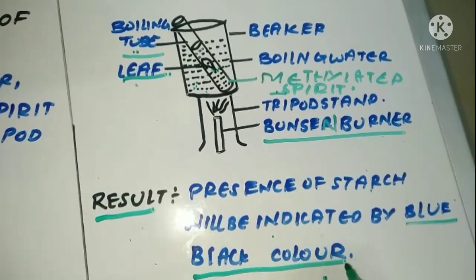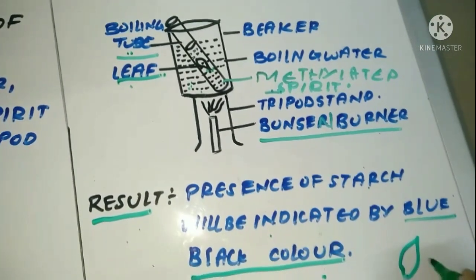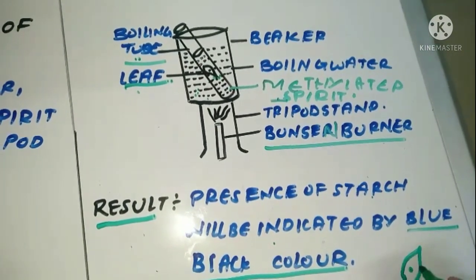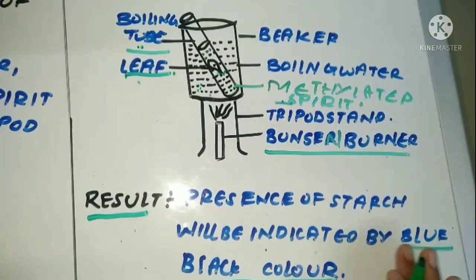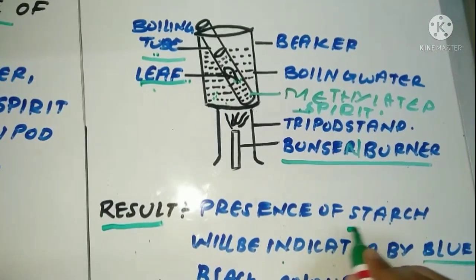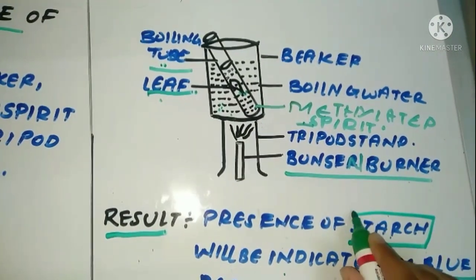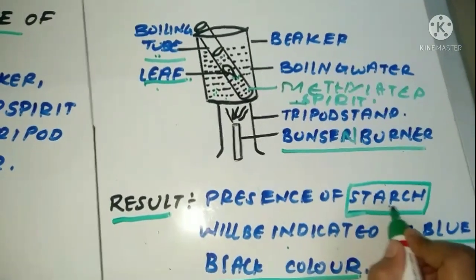This means that when you spread the leaf in a petri dish and add 2 drops of iodine to that leaf, it turns blue-black. So this indicates that the leaf contains starch. From this experiment we can conclude that leaves contain starch.